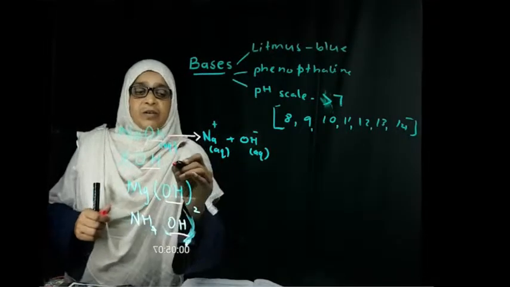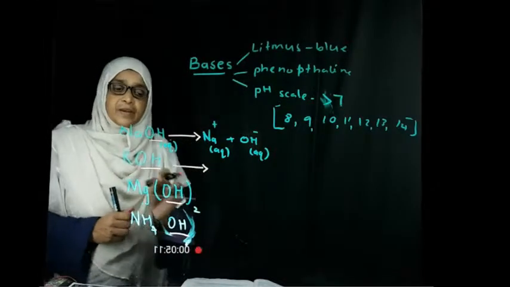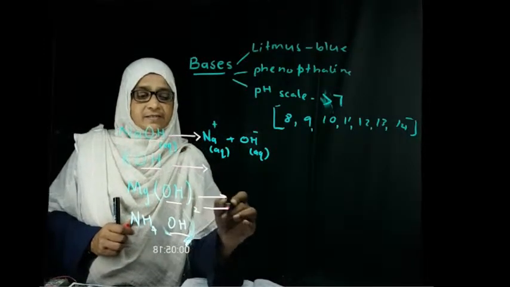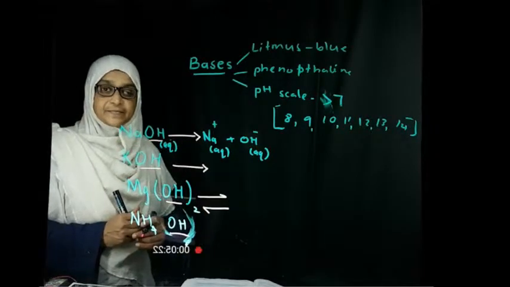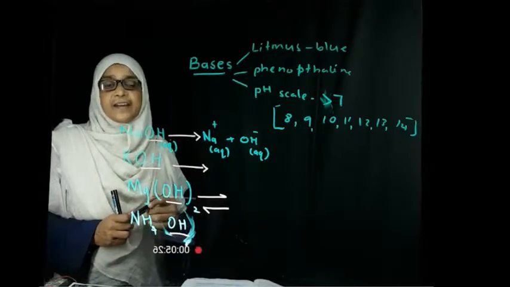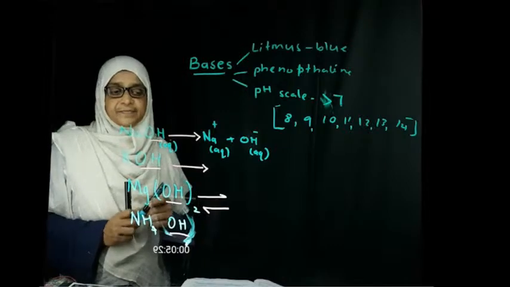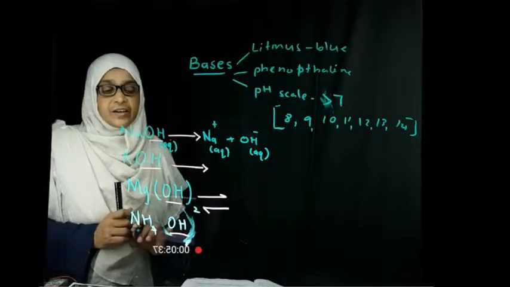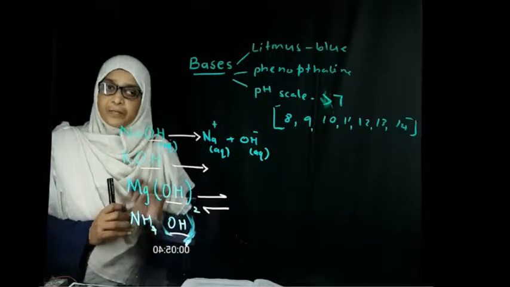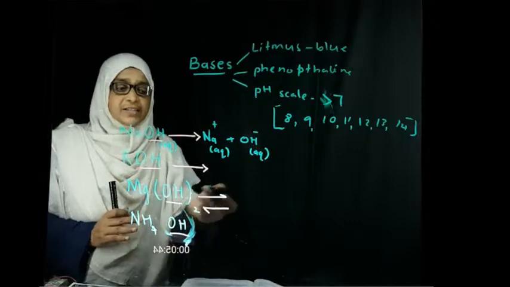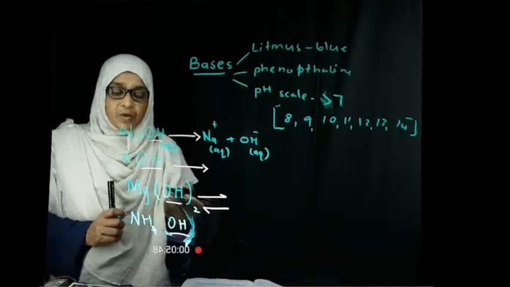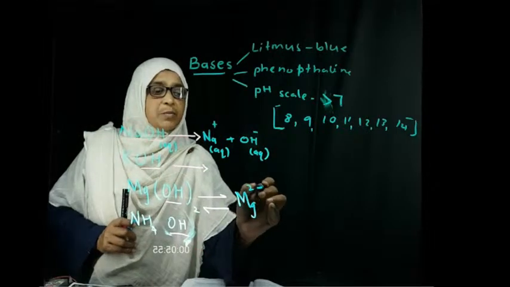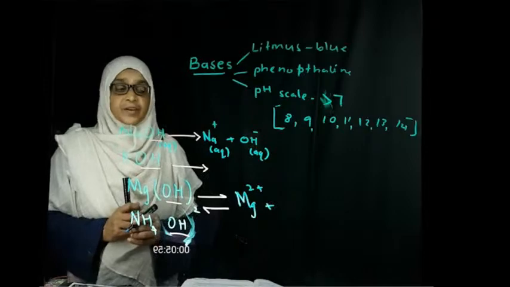This KOH also ionizes completely in the same way. But magnesium hydroxide is not completely ionized, only partially. You need not write the equation according to the ordinary level, but for knowledge, understand how this molecule ionizes: Mg 2 plus and OH minus.